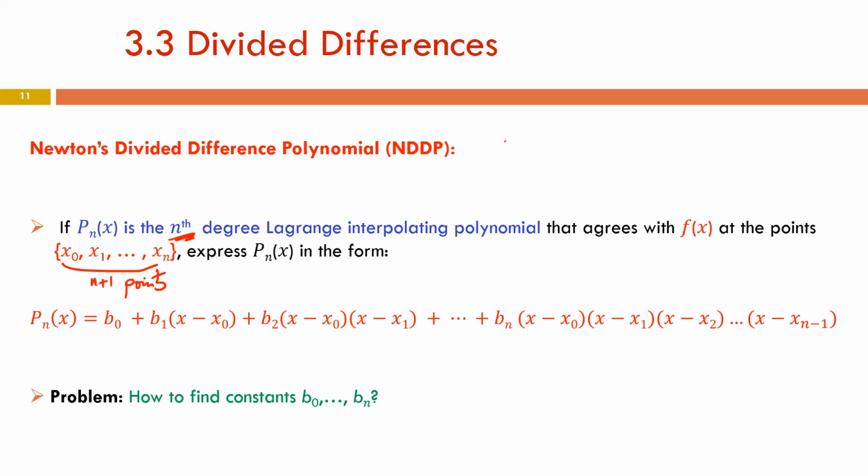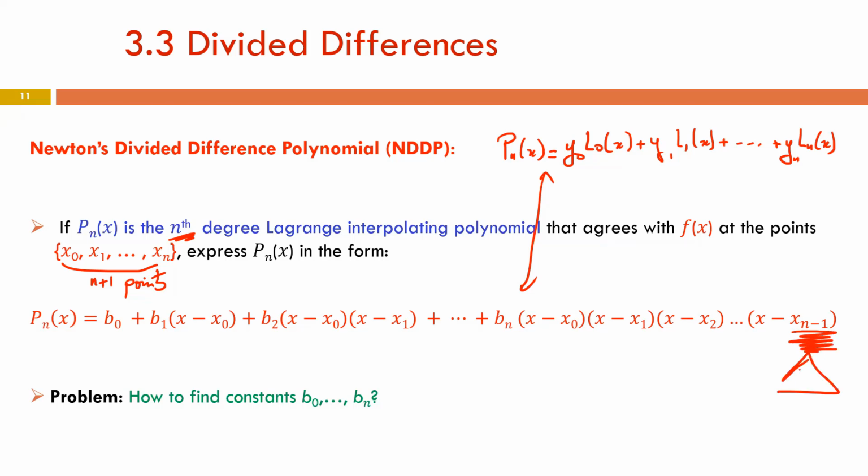Instead of writing it in the Lagrange form, y0 L0 plus y1 L1 plus yn Ln, we can write it also in this way: b0 constant plus b1 (x minus x0) plus b2 (x minus x0)(x minus x1) plus b3 (x minus x0)(x minus x1)(x minus x2) and so on, until we multiply up to x minus xn minus 1 only.